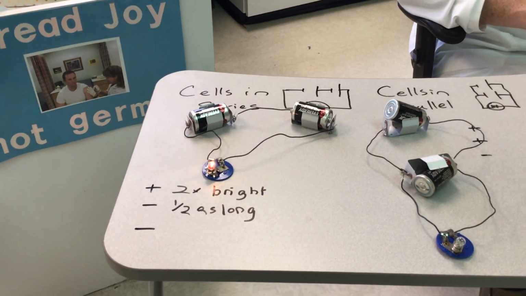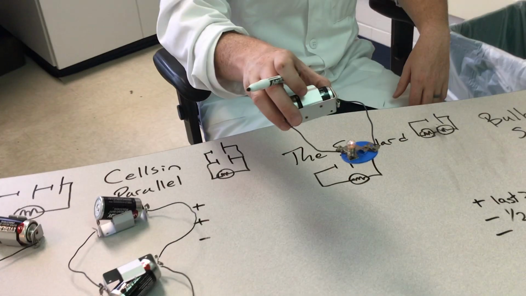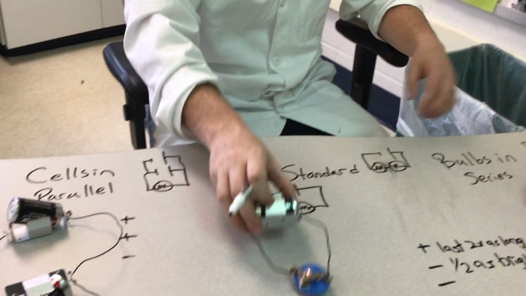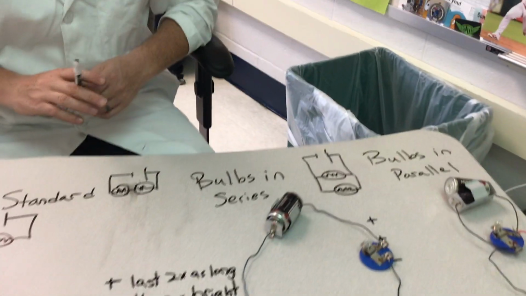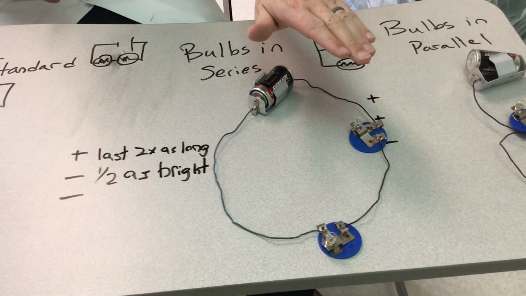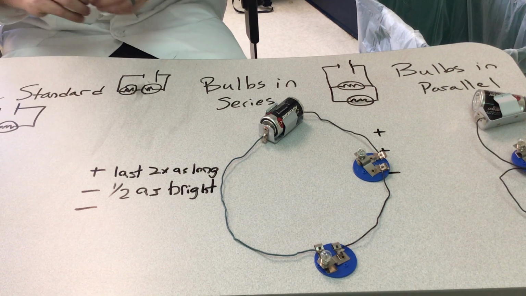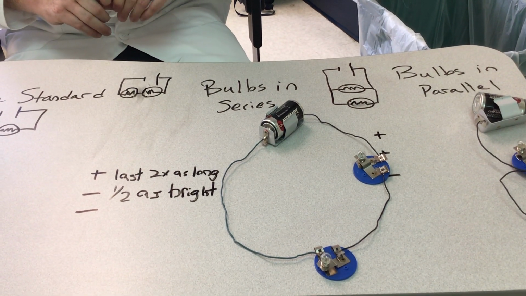So I would expect this bulb to last for 1 hour compared to this bulb lasting 2 hours. Now in our bulbs in series, when they're lasting 2 times as long as our standard, our bulbs could light for 4 hours. That's a pretty cool thing. If you need your bulbs to last a long time, you have expensive light bulbs, the idea of having bulbs last a long time might be something you're looking for, or if you just need some dim light.